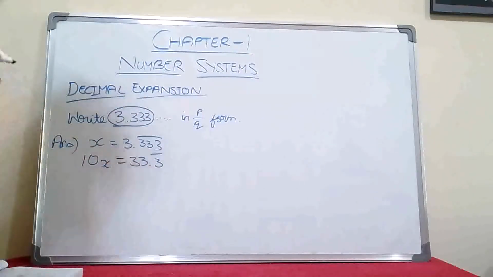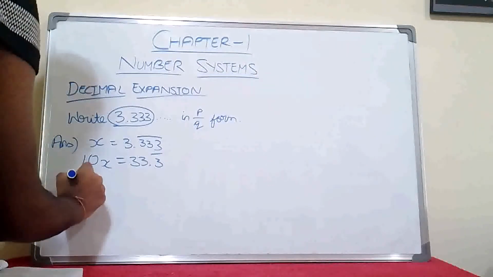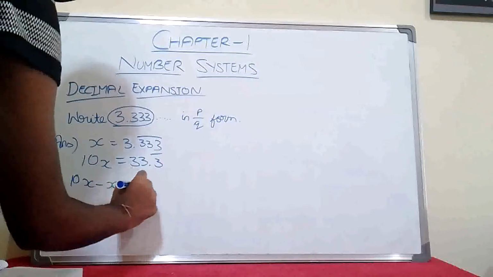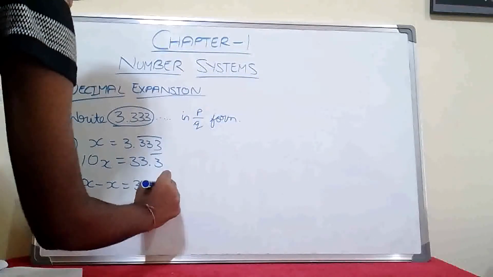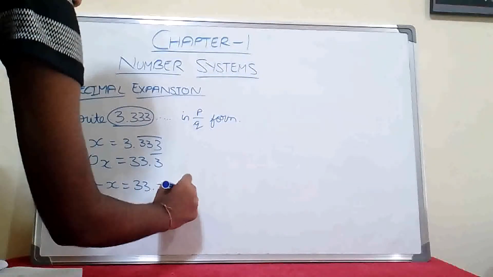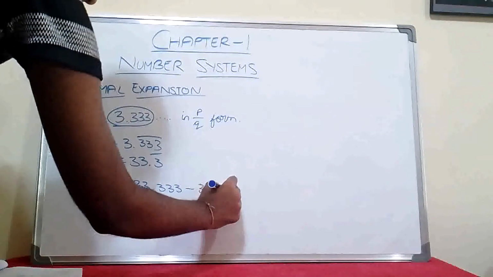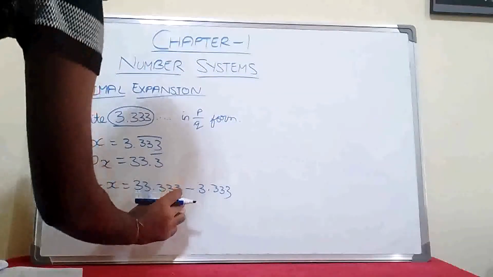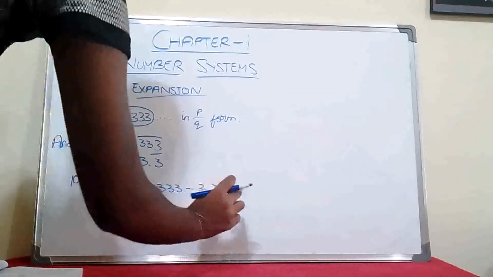Now we'll be subtracting them. We subtract in order to cancel the decimals. We can see here the decimals are equal, so to cancel out the decimals, we do this.